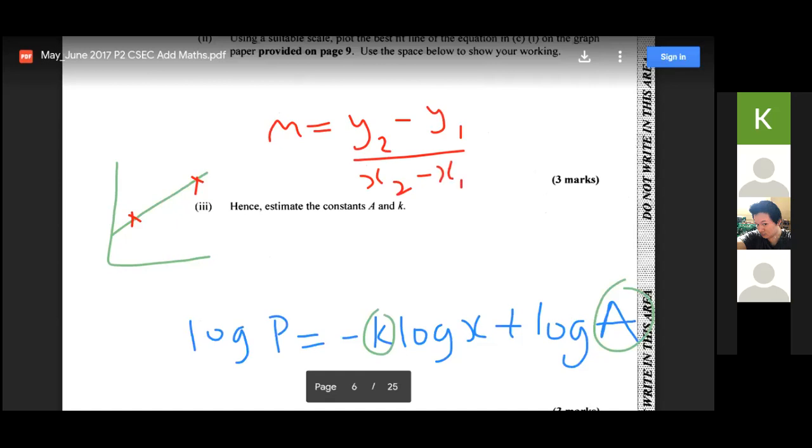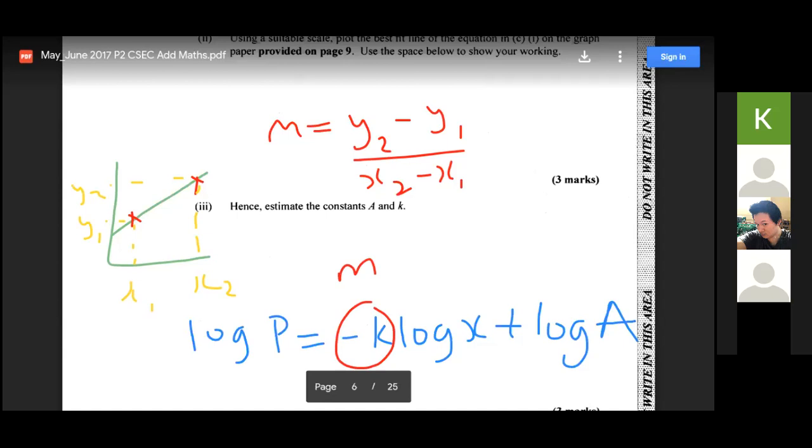So say this y value, I would say this is y2. This is x2, x1, y1. And all I do is substitute those values into my equation to find the gradient. Why am I finding the gradient? Because that's why I was practicing with you how to identify y, m, x, and c. I would be able to tell that minus k in this case is the gradient of my graph.